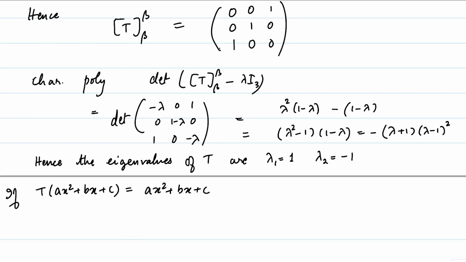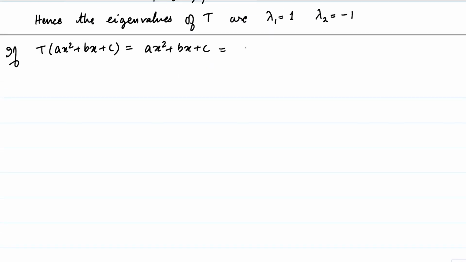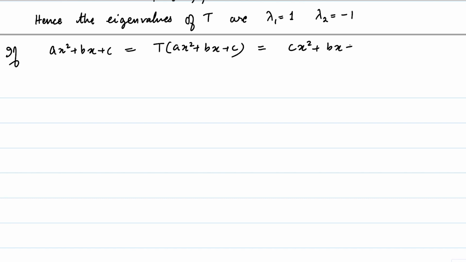And if this is the case, then what do we have? Ax square plus bx plus c will be equal to T of ax square plus bx plus c if ax square plus bx plus c is an eigenvector corresponding to the eigenvalue 1. But we know that T of ax square plus bx plus c is cx square plus bx plus a.